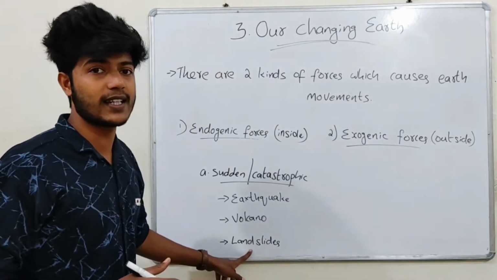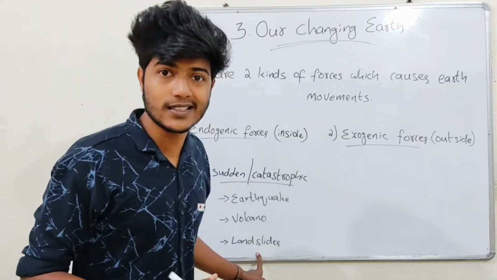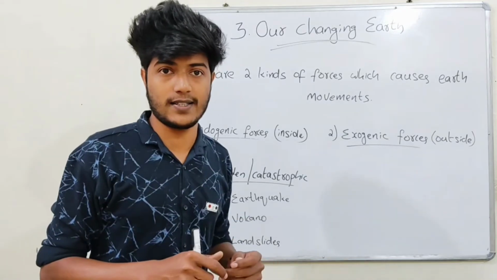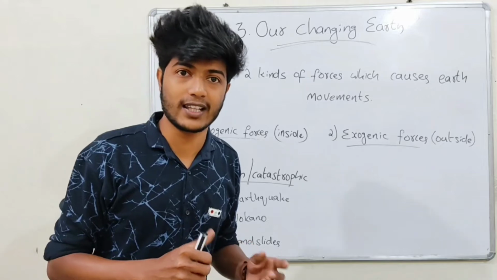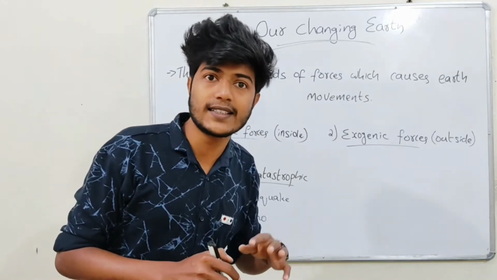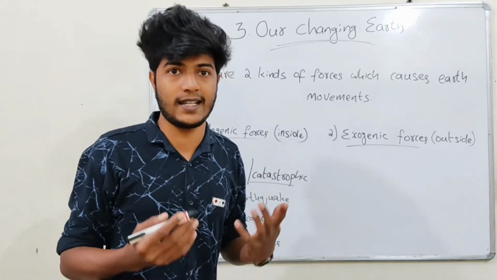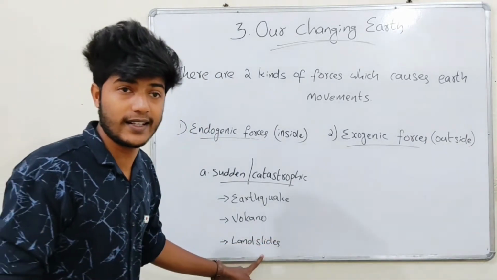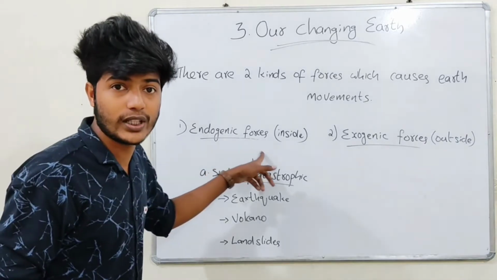Then the third one is landslides. Don't you know what landslide is? Landslide means sliding of the land. If there is very big rainfall or if there is earthquake, there will be landslides. Now listen, landslides are actually on the surface of the earth, but they are also happening from inside the earth, and the reason behind them is endogenic forces.